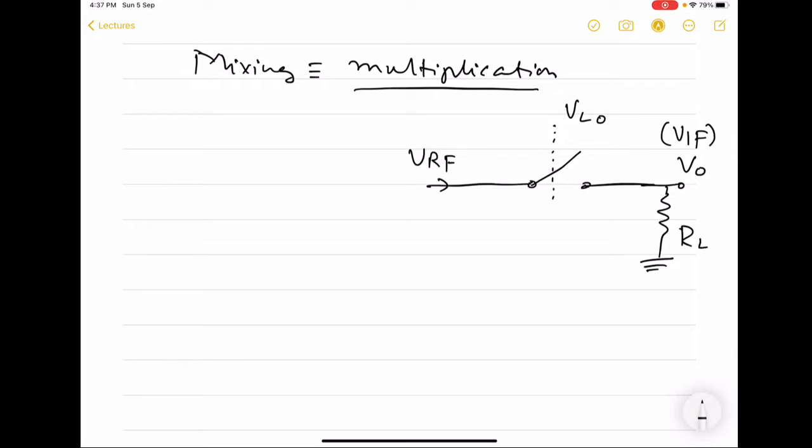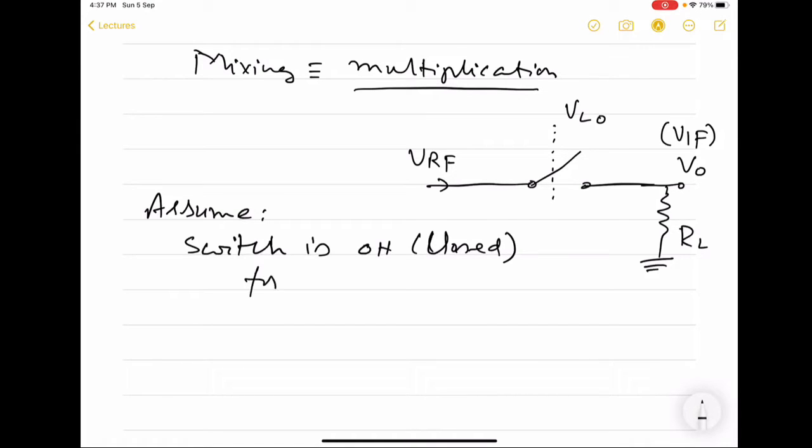So here we will assume that the switch is on, that means closed, for VLO greater than 0, and off, that means open, for VLO less than 0.